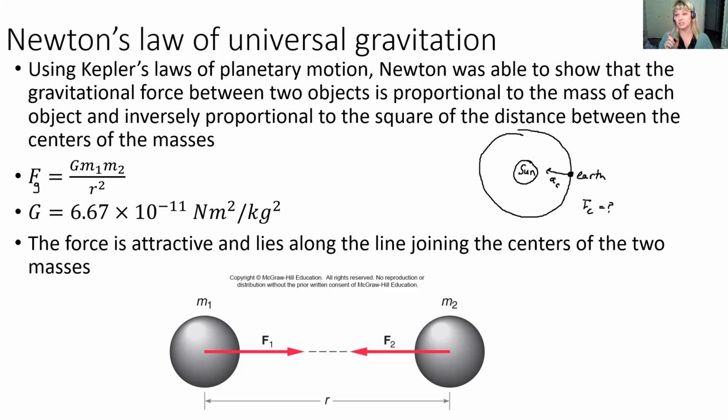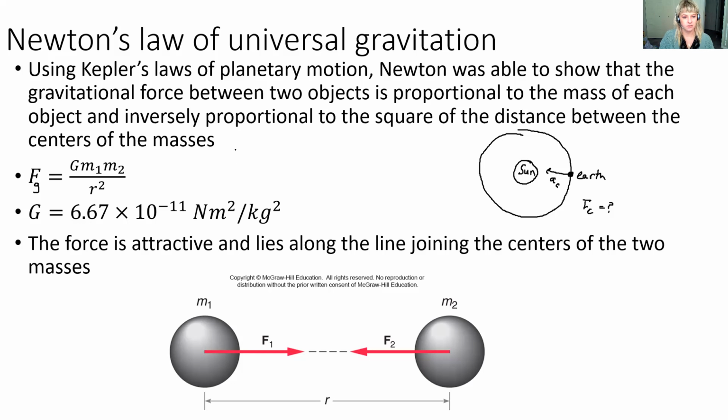It's different than little g, 9.8 meters per second squared. This gravitational constant is 6.67 times 10 to the negative 11th newton meters squared per kilogram squared. It is a proportionality constant.